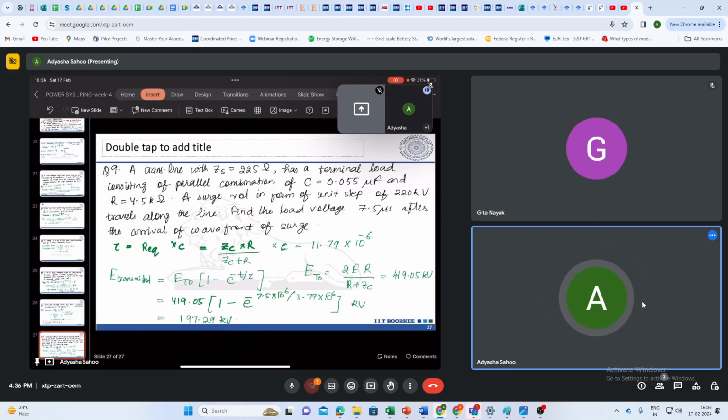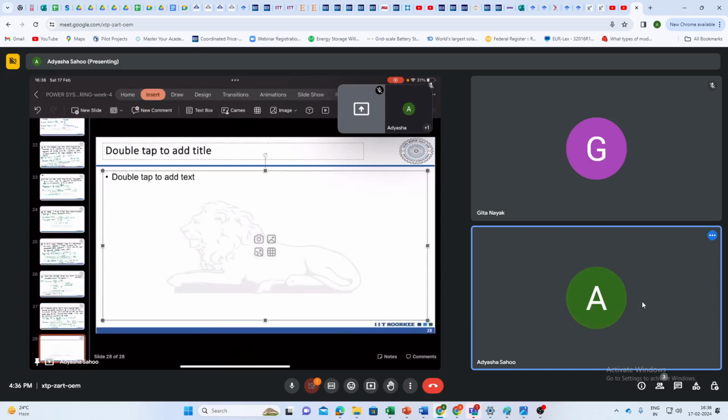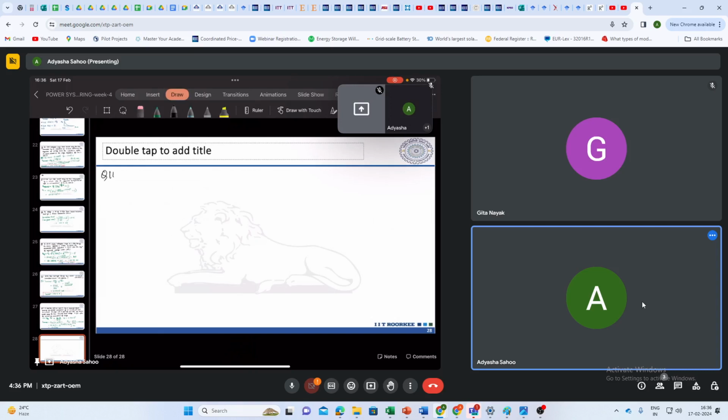Okay, next one, which of the following is or are necessary to determine the line insulation level for a transmission line of 1000 kV.